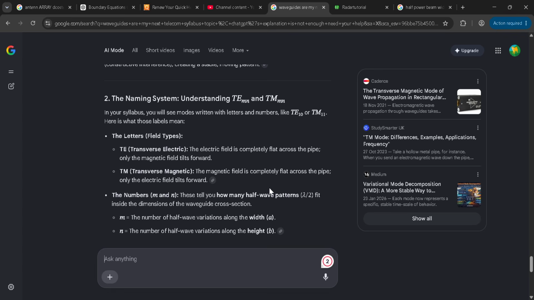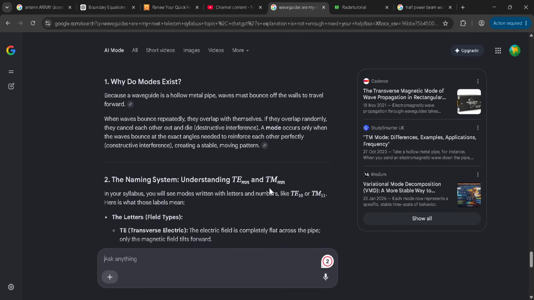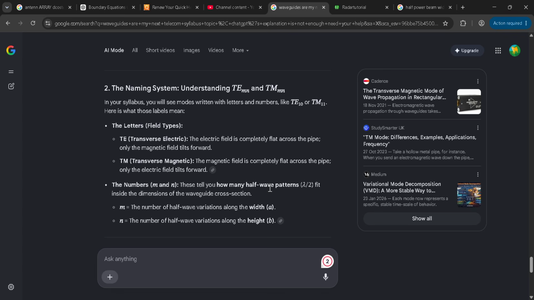There is no electric field in the direction the wave is traveling. In the parallel direction there is no field, but in the perpendicular direction there is. Transverse magnetic wave: the magnetic field is entirely perpendicular to the direction of propagation.